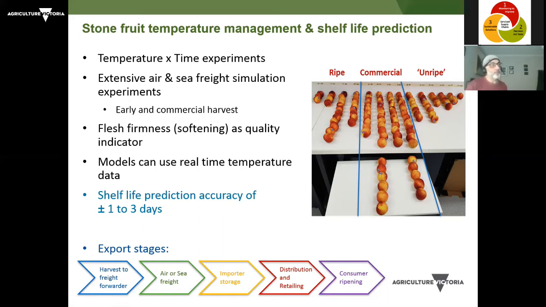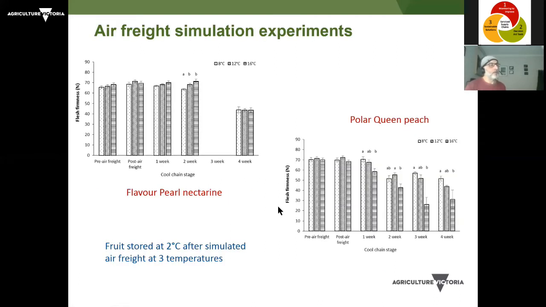When I talk about fruit quality, in this case it's basically flesh firmness, the main quality indicator that growers, exporters and other people along the supply chain use to determine stone fruit quality.